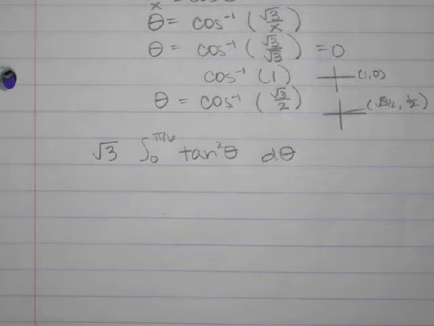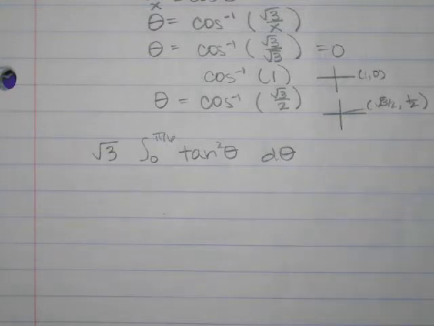Remember we were saying like save this many, if you have an even number, save this many and replace it with this, that sort of thing. Well, there is no derivative for an even number of tans. We only like an odd number of tans. So if you don't have a derivative for that, what should you change it into? It's secant squared minus 1. You're going to replace it with the secant squared minus 1.